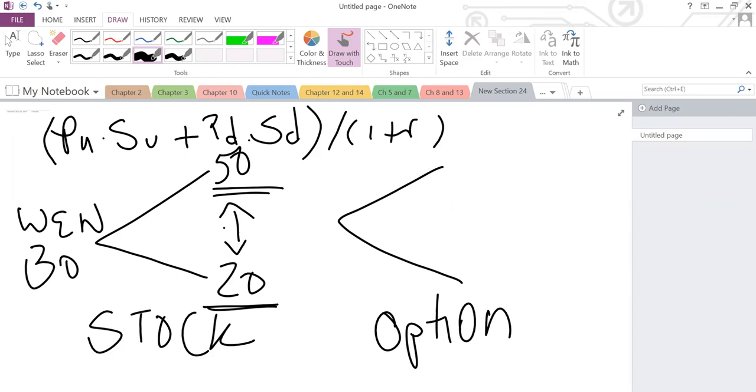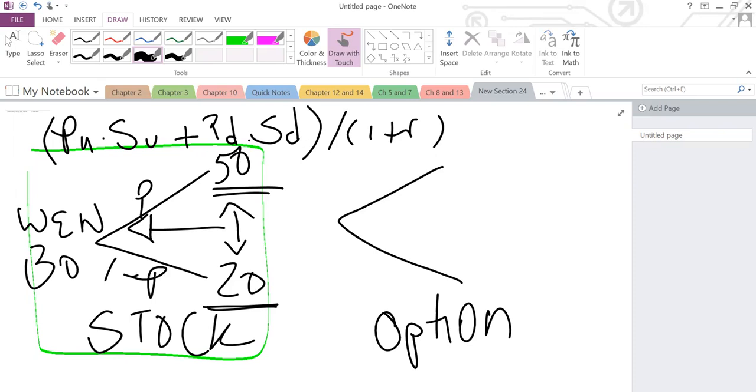But now we want to get the present value, so we want to get this value today. So long story short, we have the stock tree, and the stock tree has some probability that this particular stock will go up in price, and one minus that probability will be the probability that the stock will go down in price.